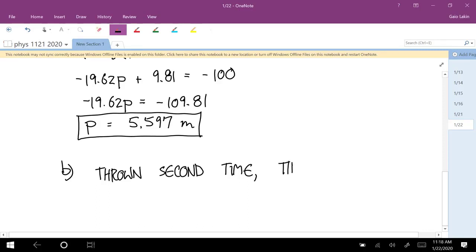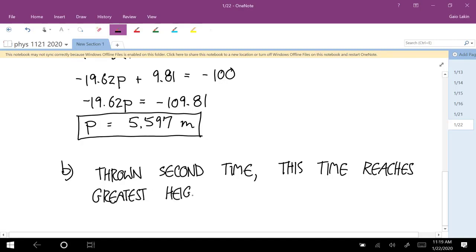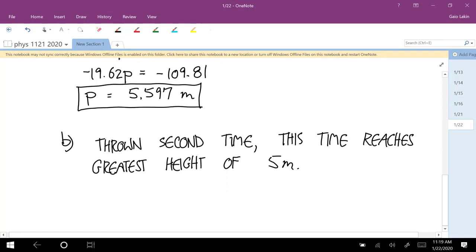And this time it reaches a greatest height of 5 meters. What was the velocity at the instant it was released?